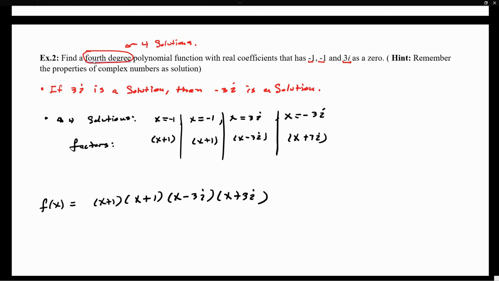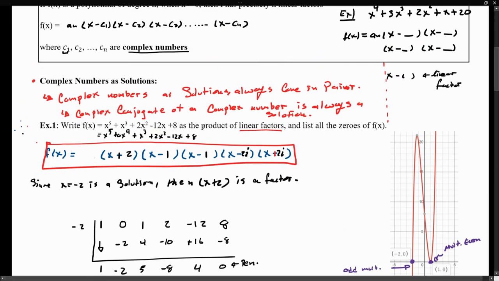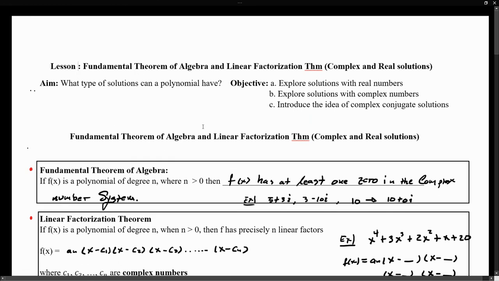And I'm going to leave the multiplication for you to do on your own. But notice that once we do our multiplication, you should obtain a polynomial of the fourth degree. And with this, it concludes our lesson for the fundamental theorem of algebra and linear factorization theorem using complex and real solutions.